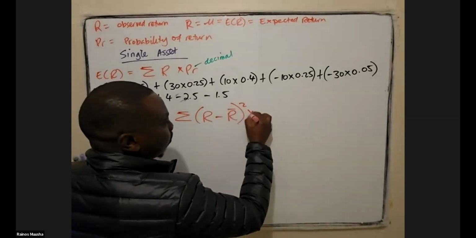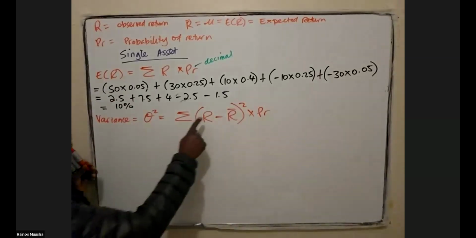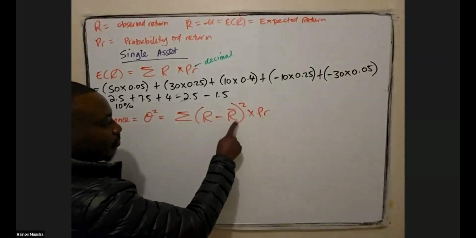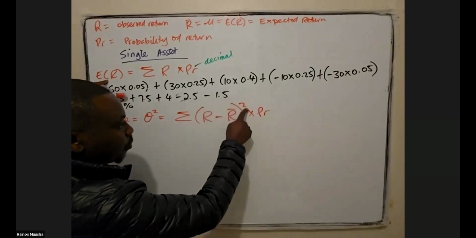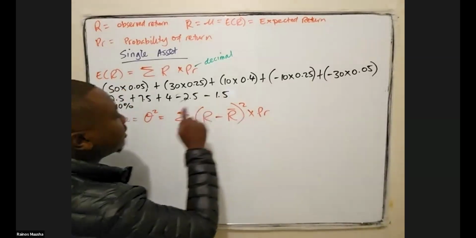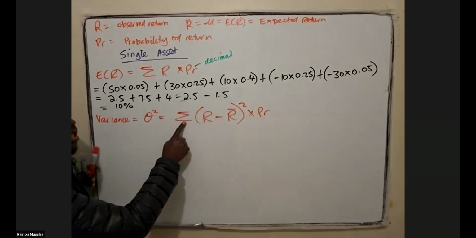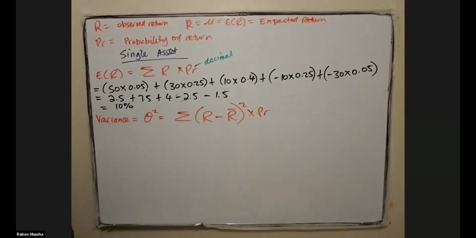You square that, multiply by the probability of return. So for each scenario, we say the observed return minus the expected return that we have calculated here. You square it, put it to the power of 2, and then that answer you multiply by the probability of return. And for each scenario, we are going to be adding up all these scenarios together. And this is how we determine the variance.